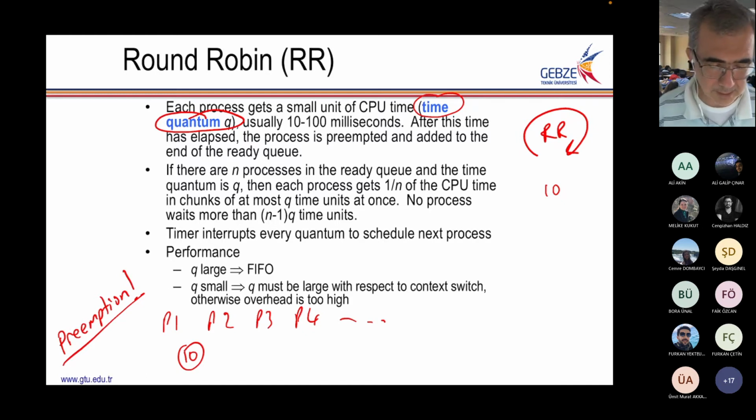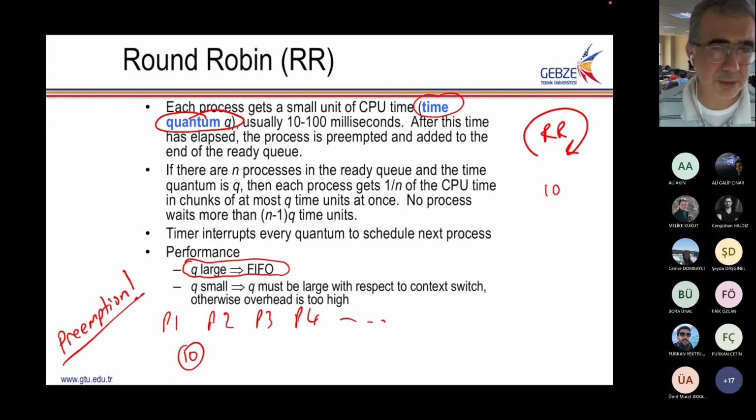Let's see one example. When the quantum is very large, let's say work 10 hours, then switch to the other car. That is equal to first in, first out. If I say work 5 minutes on one car, then switch to another car, 5 minutes is very short.